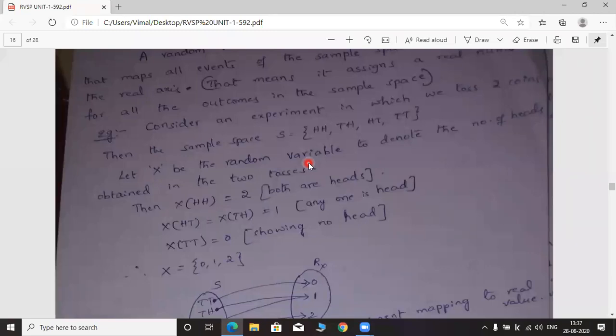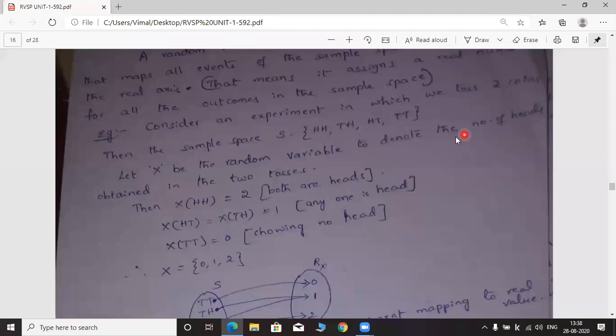In the case of a single random variable, you may take capital X. In the case of multiple random variables, which we have in the third unit, we may take capital X, capital Y, capital Z like that. Here we are considering a single random variable only, so let us assume that capital X is a single random variable.